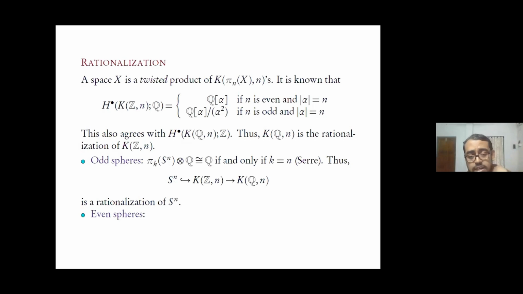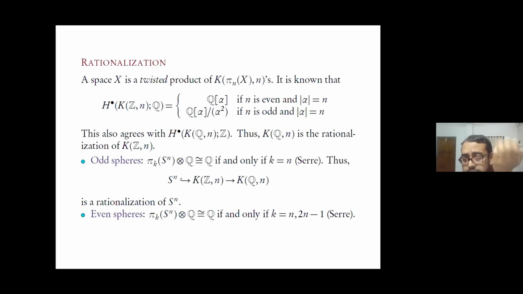This is slightly more involved than the odd spheres because, again, due to Serre, we know the rational homotopy groups of Sn, if n is even. So again, when I say odd here, n is odd, and when I say even here, n is even. I didn't make it explicit, but just make a note of that. So this is isomorphic to Q if and only if k is in these two values, n and 2n minus 1.